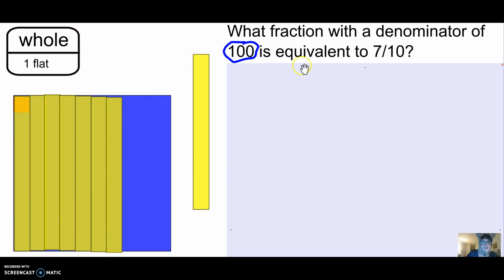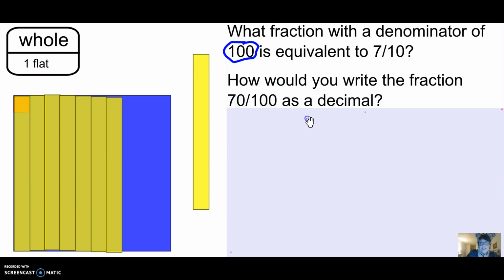Remember, the cubes are hundredths. 70 of these cubes would cover my 7/10, because each of these tenths could be covered by 10 cubes. They're each 100th. So that would make 10, 20, 30, 40, 50, 60, 70 cubes. That would be 70 out of 100.